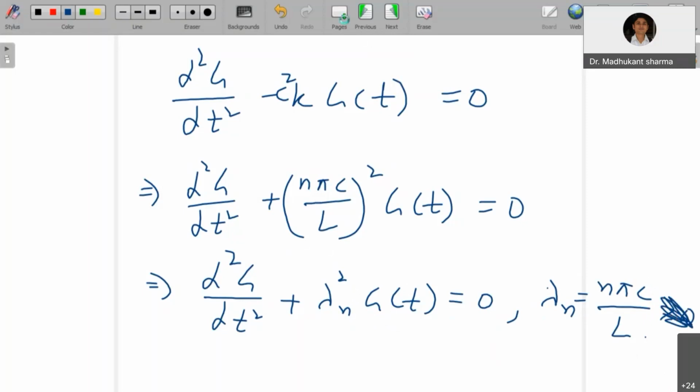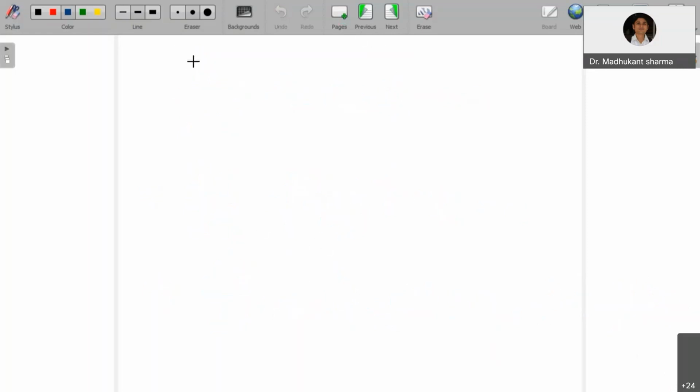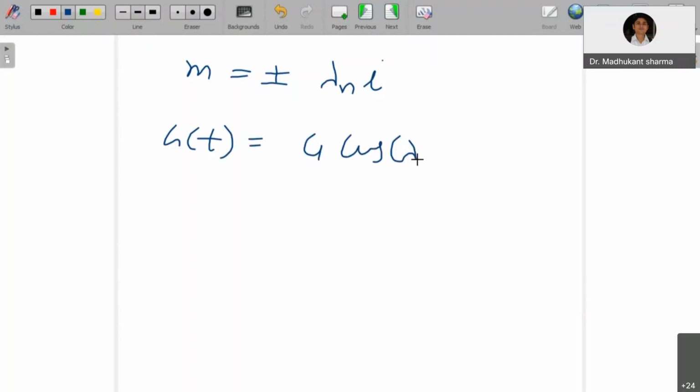Now if you solve it out, this equation has 2 roots, plus minus lambda n i. So you have g of t equals c1 cos of lambda n t plus c2 sine of lambda n t. So again, you have infinitely many solutions.